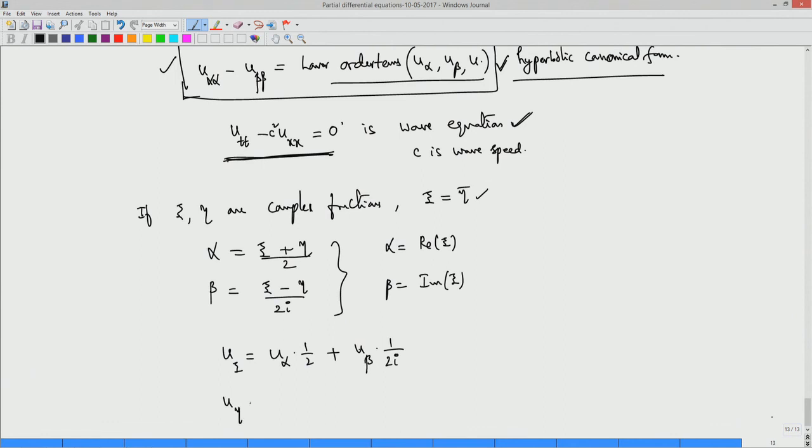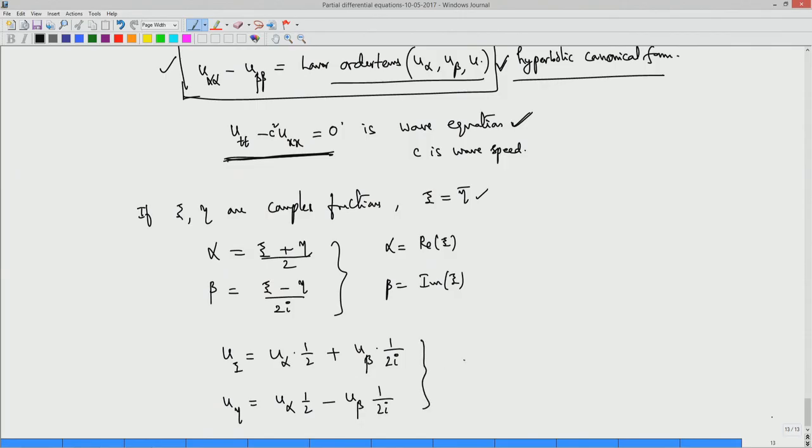Similarly u eta is u alpha times do alpha by do eta, that is half, minus u beta times do beta by do eta, that is minus 1 by 2i. So this is what you get.